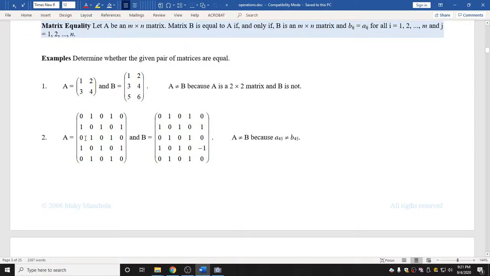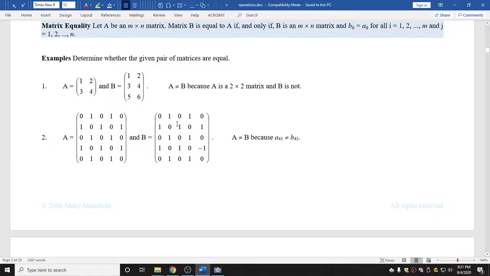Number 2, the matrix A consists of 0, 1, 0, 1, 0, first row, 1, 0, 1, 0, 1, second row, 0, 1, 0, 1, 0, third row, 1, 0, 1, 0, 1, fourth row, 0, 1, 0, 1, 0, fifth row.